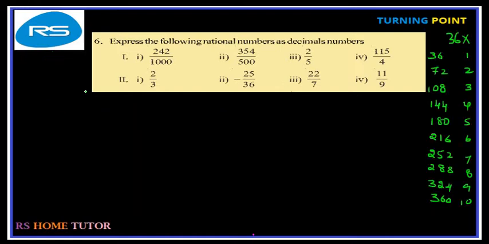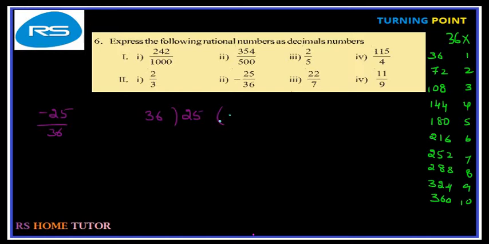So solving question number 2, what has he given? Minus 25 by 36. So just keep the minus aside. We just have to divide 25 with 36. So what answer will you get?